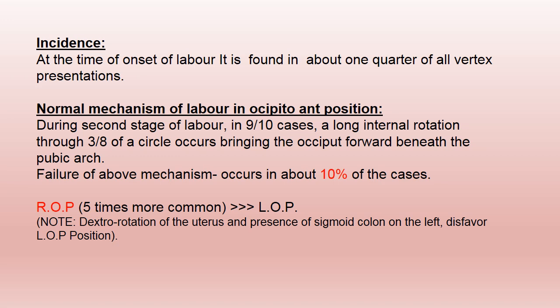Right occipito-posterior position is 5 times more common than the left occipito-posterior because dextrorotation of the uterus and presence of the sigmoid colon on the left disfavor left occipito-posterior position.